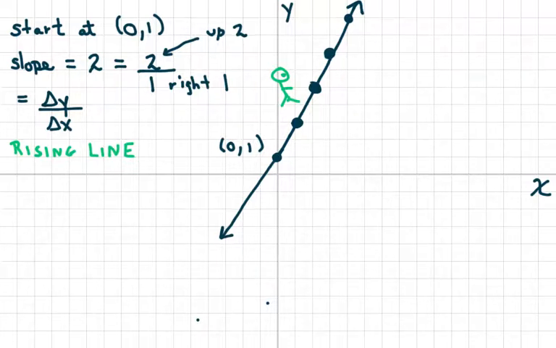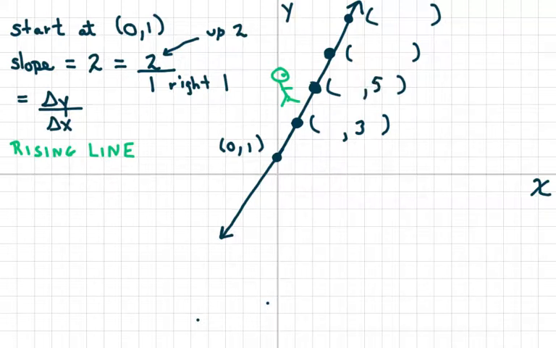Okay? And I could now label those points. I started at 0, 1, and to get to all the rest of them, I went up 2. So my y changed by 2. I was at 1, I went up 2, now I'm at 3. I went up 2, now I'm at 5. Up 2, now I'm at 7. Up 2, now I'm at 9. Bottom number says, how are the x's changing? 1 to the right every time.